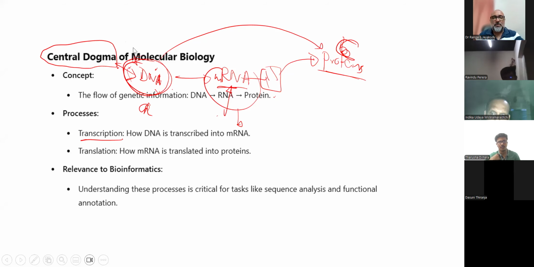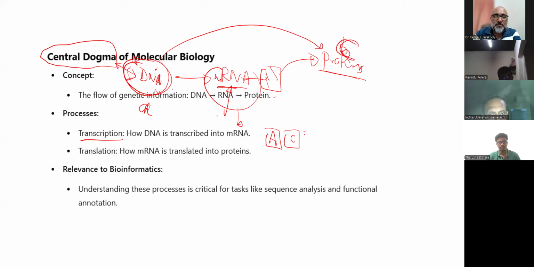Now for example, at the end of the day, what you have is a combination of 4 letters: A, C, G, T. Then it keeps going on. It's another T, another C, another G, another T, C.